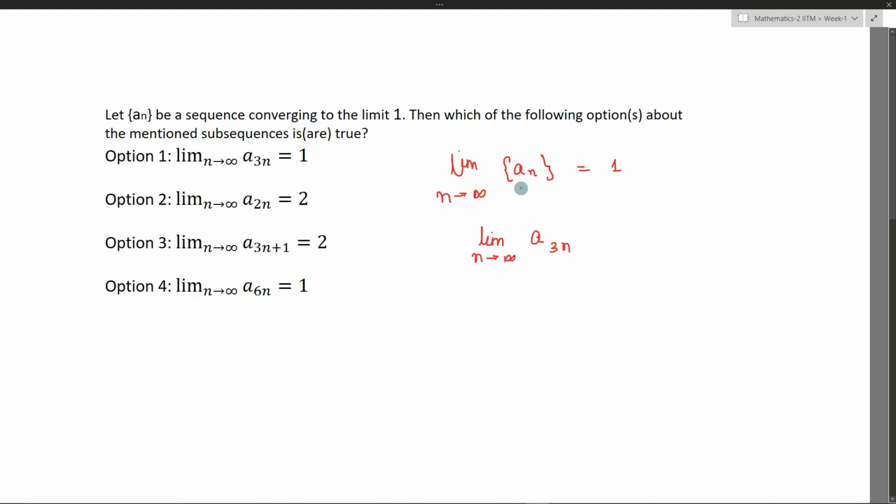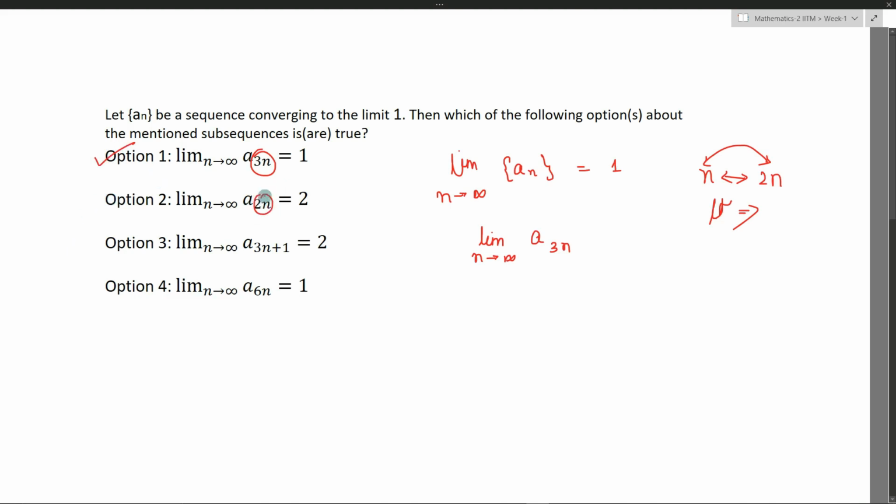As we have seen in the previous case, if n is replaced with any subset of n, the limit does not change. So here 3n is again a subset of n, so the first option is right. What about 2n?